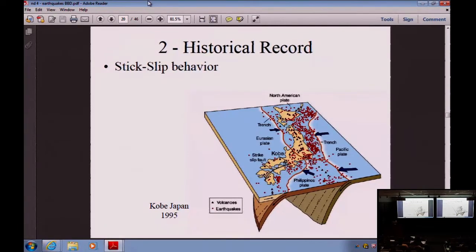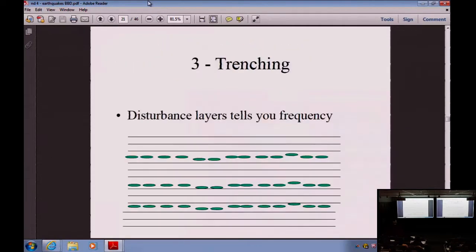So that's historical records, right? Documented earthquakes back through time. Another way that we can continue along with this record of earthquakes through history is to look at wetlands. Where there are wetlands around, you can potentially take this record back thousands of years, depending on how big and how deep the wetland is.